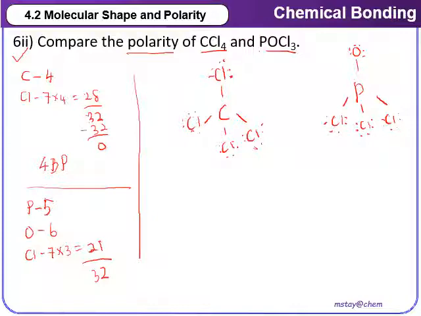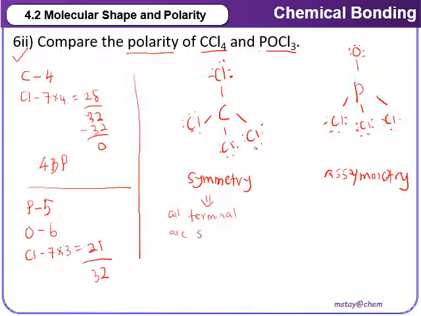Okay, so basically both of these compounds have the molecular geometry of tetrahedron, but we will say that CCl4 is a symmetry molecule, while POCl3 is an asymmetry molecule. This is because all the terminal atoms in CCl4 are the same, and then the bond dipoles can be cancelled out.